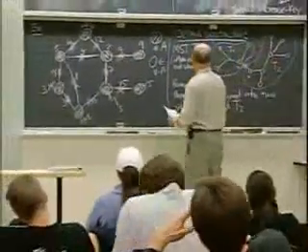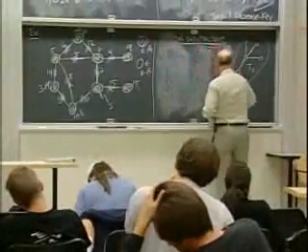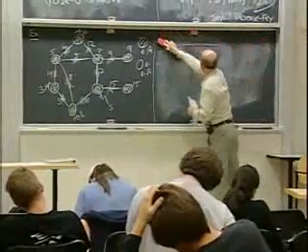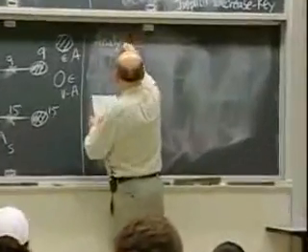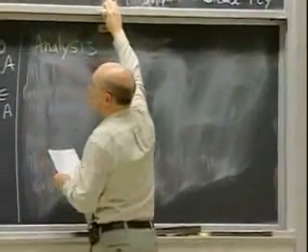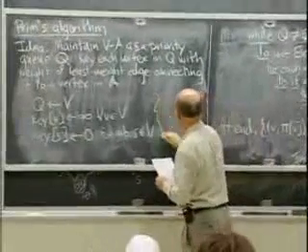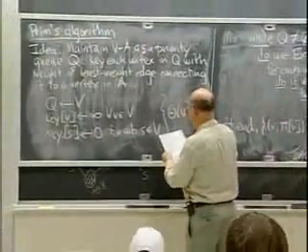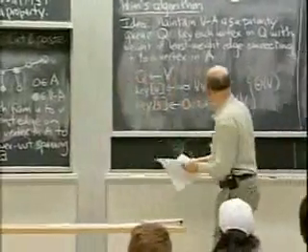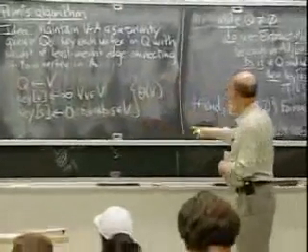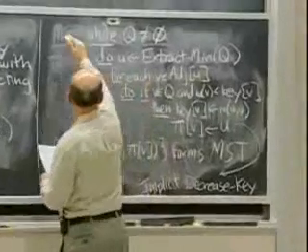Okay, let's do an analysis here. Let's see. This part here costs me order V. Then this part, let's see what we're doing here.